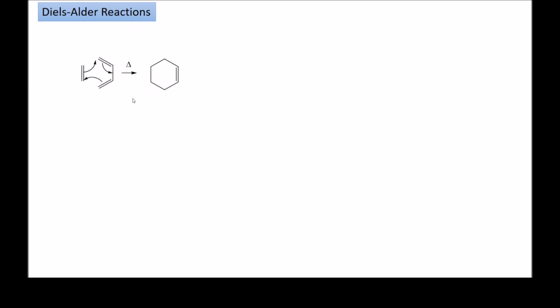So really what I'm doing is trading 2 of these pi bonds for 2 new sigma bonds. And that represents an increase in stability, and therefore this reaction is energetically downhill overall. It's concerted. The energy diagram would be a simple one hump drop to a lower energy state, but this requires a lot of heat to get this reaction to work.